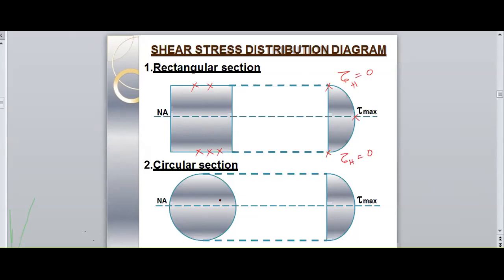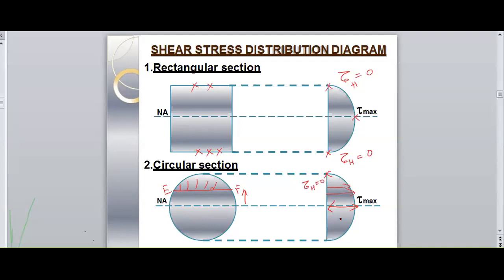For a circular cross section also, at the neutral axis we have the maximum shear stress, and it varies as the distance of the EF layer varies. At the topmost, it is 0 again.